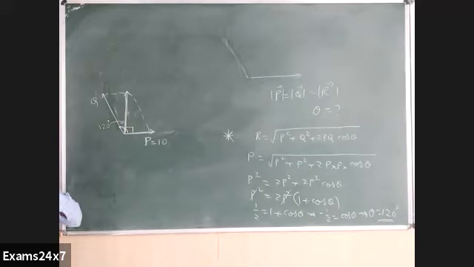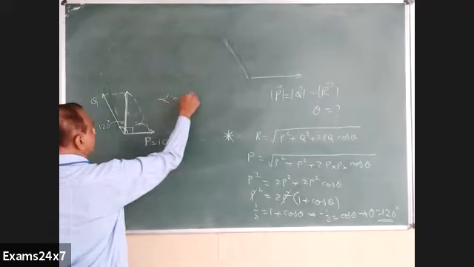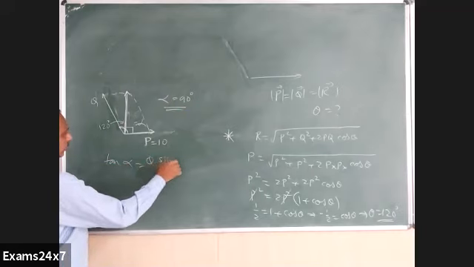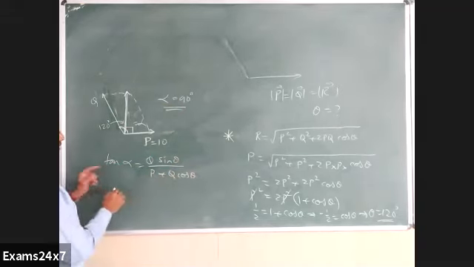Tan alpha. We have information about alpha in this case. The resultant makes an angle of 90 degrees with P. That is alpha exactly. So alpha is equal to 90 degrees. Therefore, go for tan alpha directly equal to Q sin theta upon P plus Q cos theta. What does tan 90 mean?